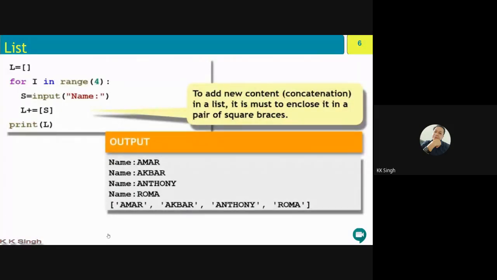Since this loop goes up to 4 iterations, in the fourth attempt I take Roma as the fourth value, and Roma will also be concatenated to the values of L. So when you print L, we will see Amar, Akbar, Anthony, and Roma, all in square brackets.